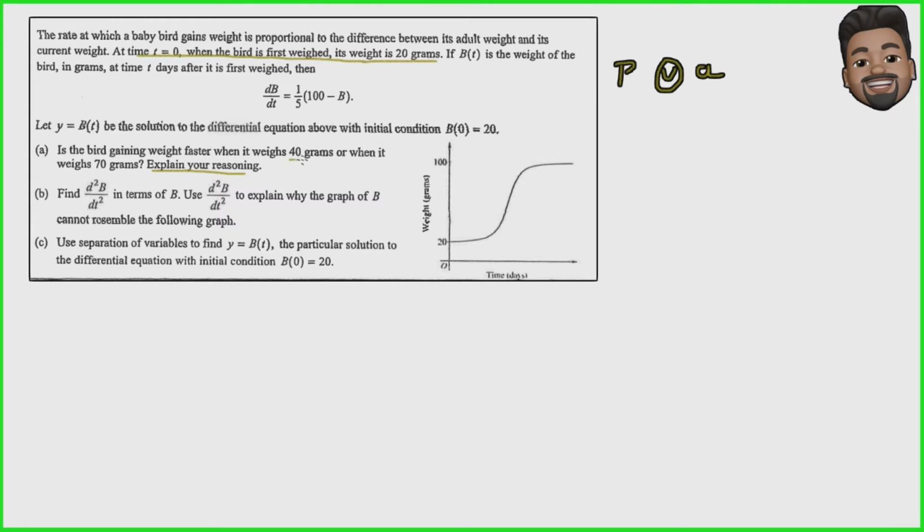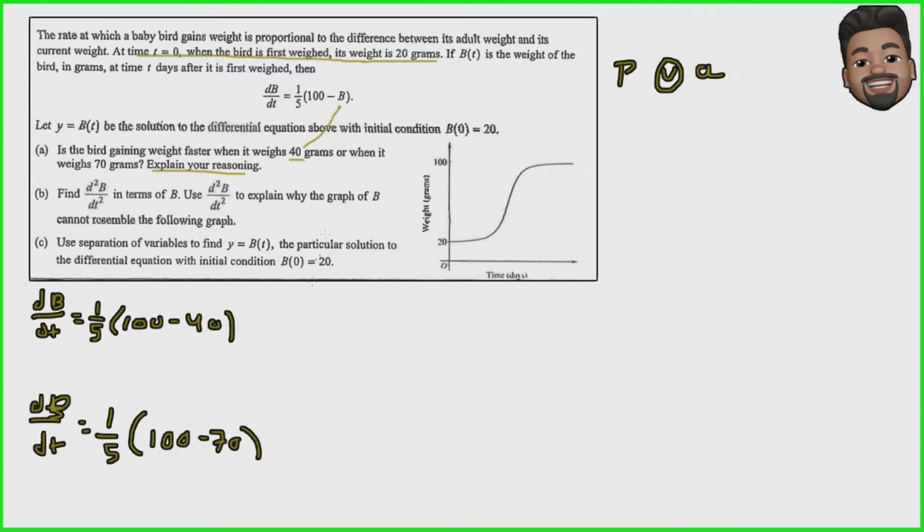All we have to do is take 40, plug it into B, and take 70, plug it into B. So I'm going to do that right here. Now I want to know which one is gaining weight faster. If we compare the two, 100 minus 70 is 30, and 100 minus 40 is 60. So this one is going to grow faster because the value is much larger.